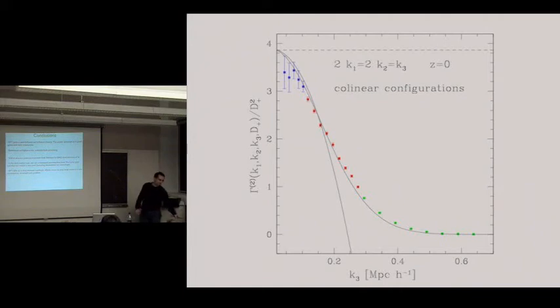So for those of you who are not familiar with it, this is a modification of gravity where gravity becomes 5-dimensional at large scale, so it becomes weaker. And it explains the acceleration of the universe without a cosmological constant or a dark energy fluid. So it's just a modification of GR at very, very large scales. And in this theory, at weakly nonlinear scales, you have an extra scalar degree of freedom.